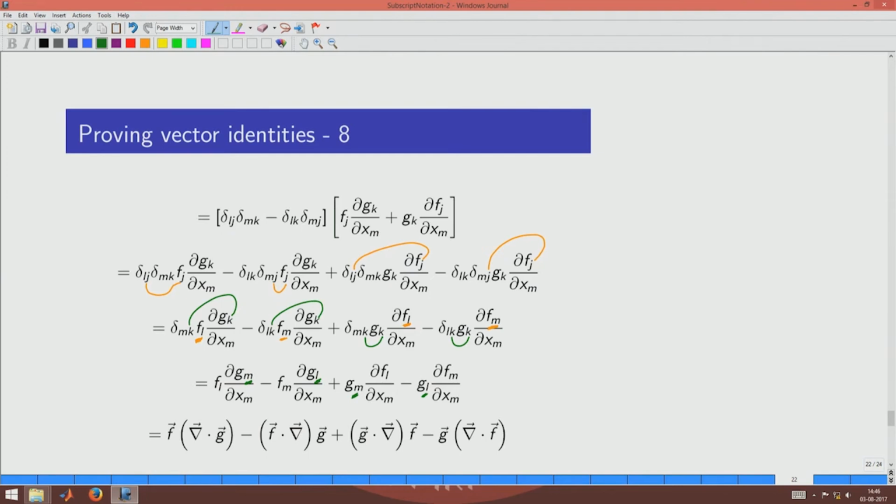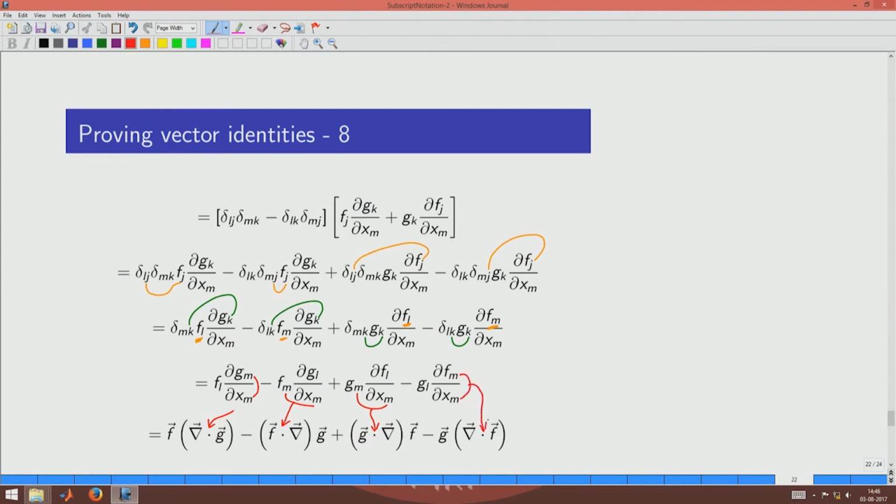Now, it is a matter of just recognizing the expression that we got in terms of the subscript notation. Let me erase these and then show you the terms. So, you see that you have got the m matching both ways, which means that it must be a dot product. And you see that there is an m matching here, so it must be the dot product here, and then again here, and here.